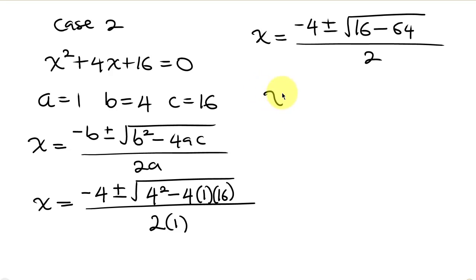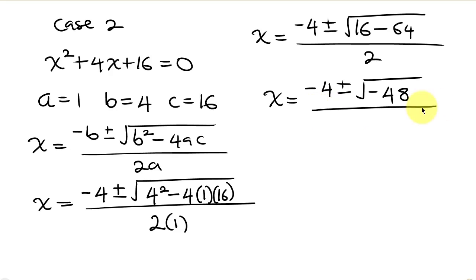And now simplifying further, we're going to have x to be negative 4 plus or minus the square root of 16 minus 64 is negative 48. Very good. All over 2. And now let's simplify what we have inside of this square root.